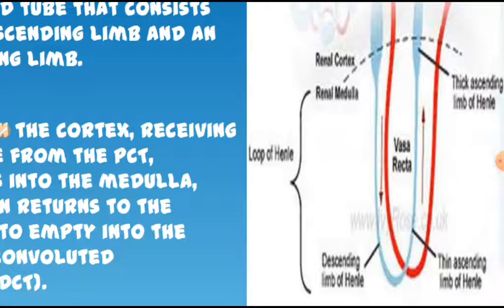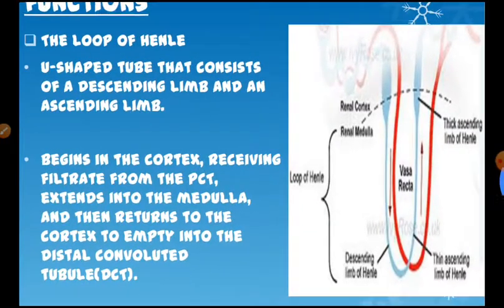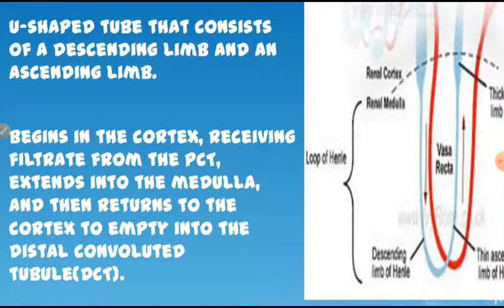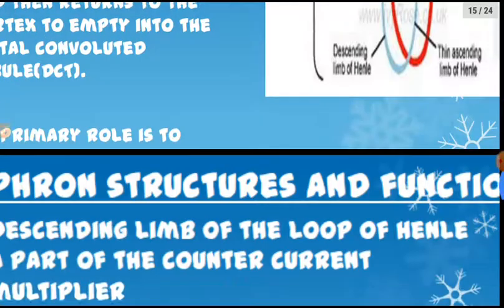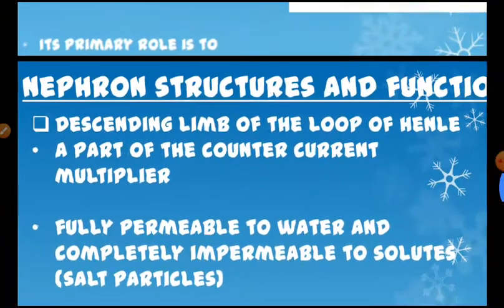First one is thin walled and the second one is thick walled. So it begins in the cortex, receiving filtrate from the PCT, and extends into the medulla and then returns to the cortex to empty into the DCT or distal convoluted tubule. So this is Henle's loop.